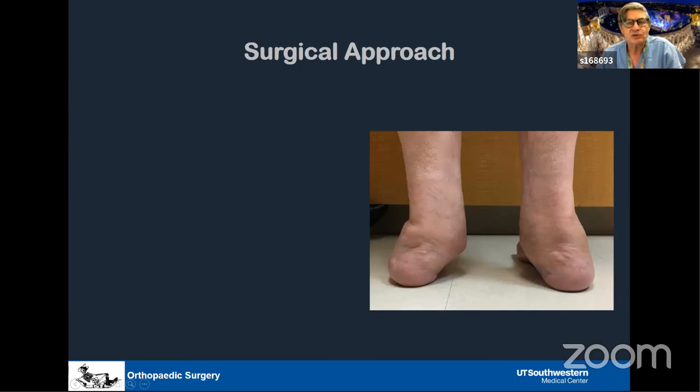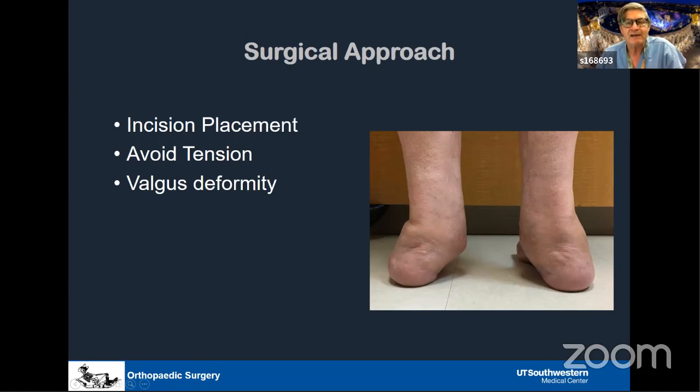So when I look at a surgical approach in an ankle like this, I think about my incision. I want to avoid tension when I close my incision. So how do I do that? If I have a valgus deformity like this, I'm going to want to do a medial approach because when I reduce this, the medial side won't be under tension.